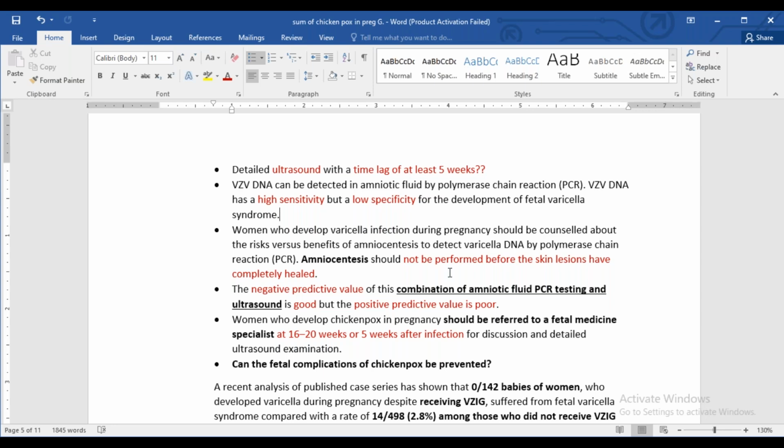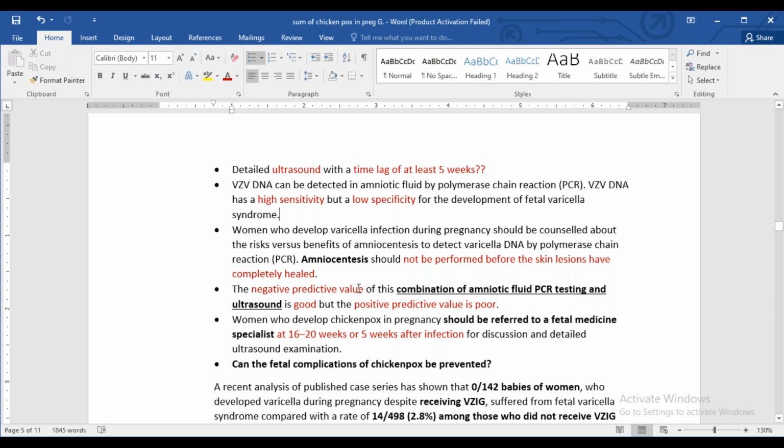So keep in mind never to do amniocentesis while she's having active skin lesions, and you have to discuss this with the mother. You can't deny it. And keep in mind that this test has high sensitivity and low specificity.